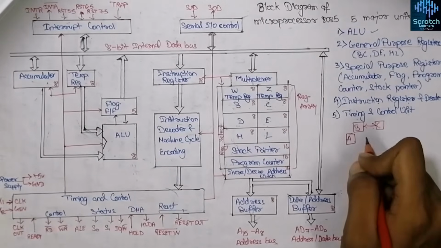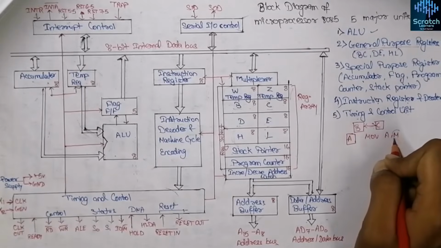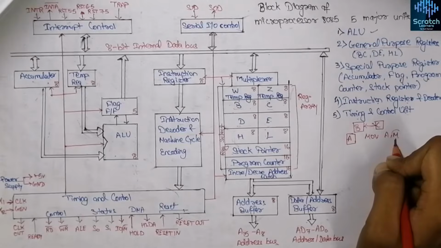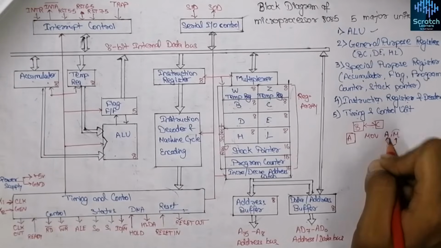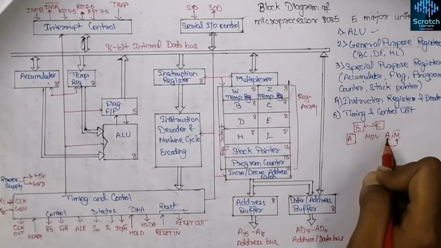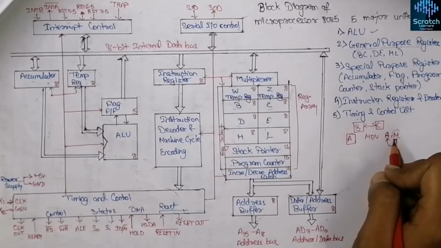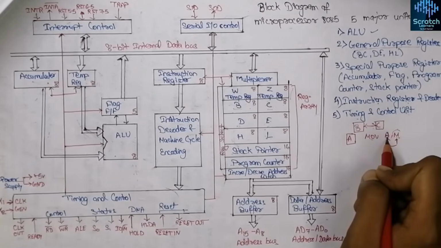For example, if we have an operation like MOV A, M, that means this M is memory. Whatever content is present in the memory, we need to move it to A. What is A? A is the accumulator. So this MOV A, M will transfer the content of the memory location to which the HL pair is pointing to the accumulator.